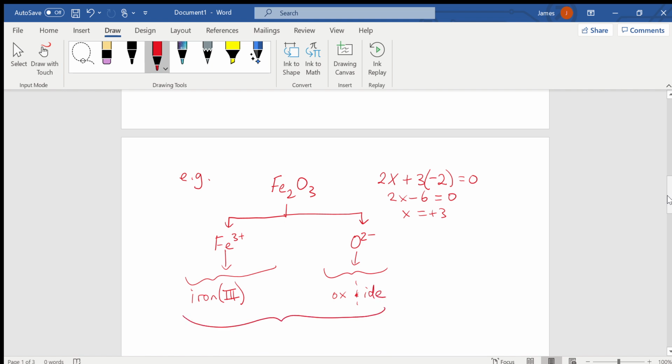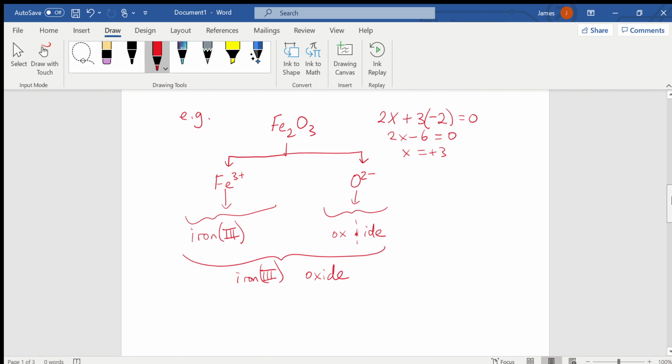So when I combine those all together, I get iron 3 oxide. Okay. I don't just have iron oxide, I have iron 3 oxide. Notice not a prefix in sight.